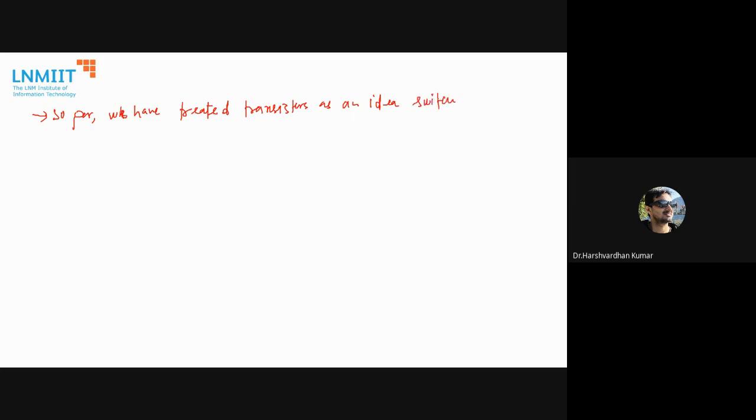You have studied the BJT transistor as a switch and as an amplifier. You performed the experiment on Multisim in the third semester, though not practically in the lab. No problem. So far we have treated transistors as ideal switches.